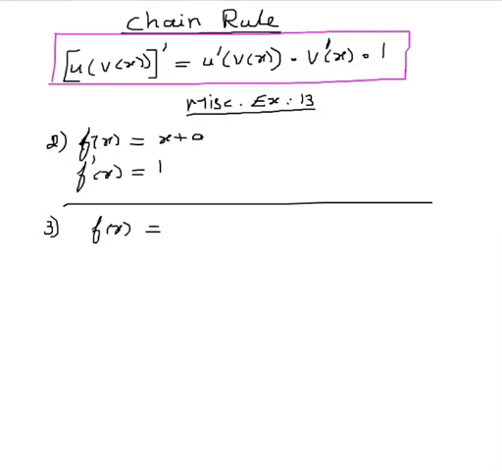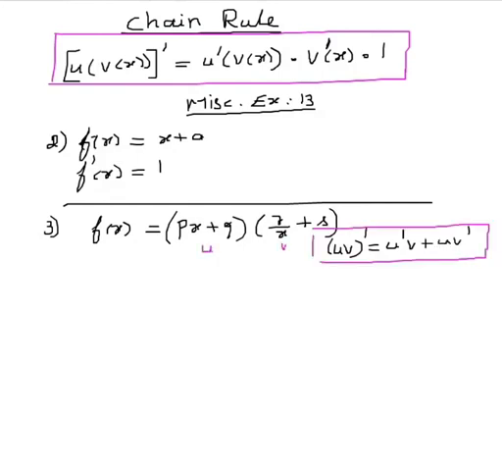Third question, f of x is px plus q times r divided by x plus s. We can open the brackets and do the differentiation, or we can use product rule. uv the whole dashed is u dash v plus uv dash.